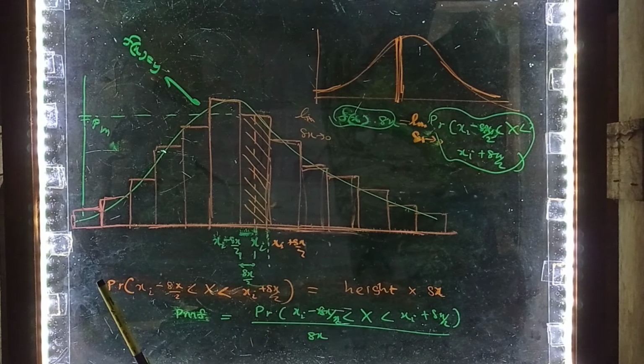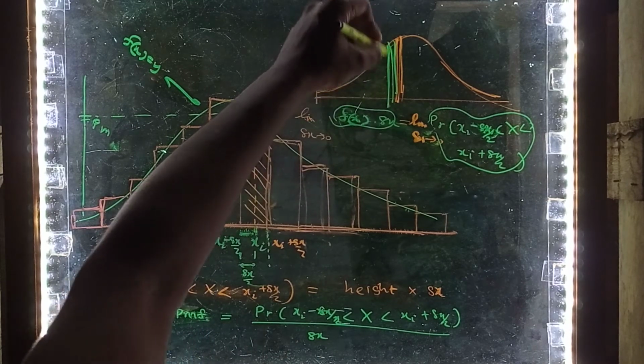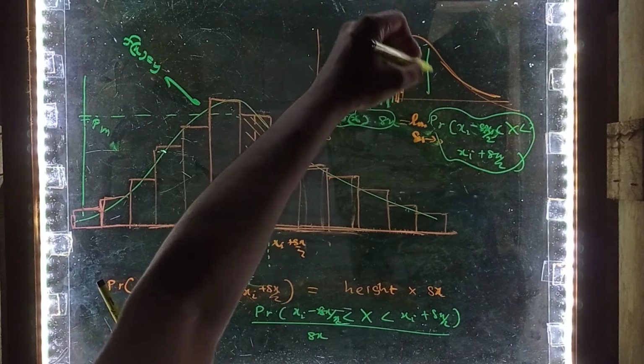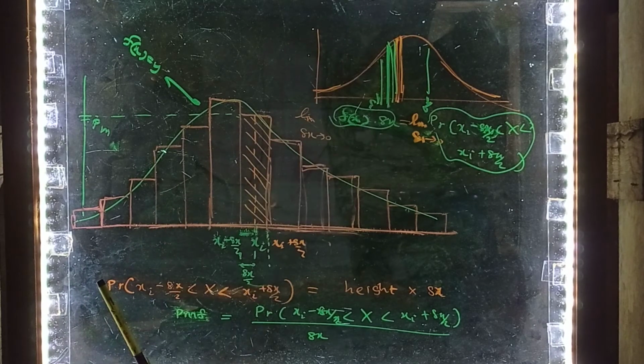I'm going to take the summation of a bunch of these tiny slices, maybe from here to here. I hope to show you how to do the calculation, just like our integration. This is pretty similar to integration, because once you find the integral of the probability function, you can find the probability.